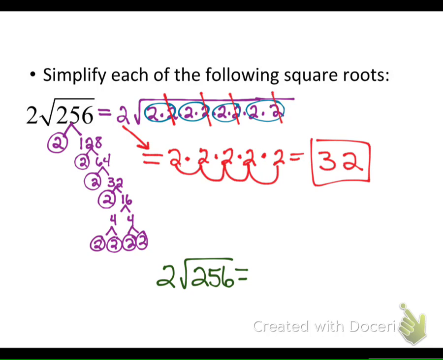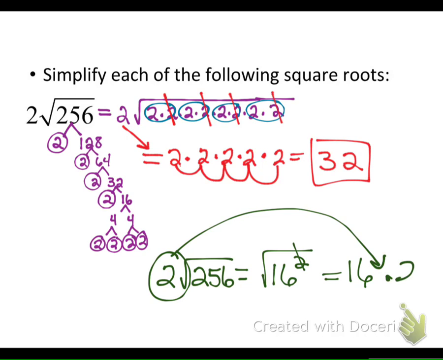No, you're right, say it again. 16. Now remember, 16 squared cancels. So the square root of 256 is 16, but we have to remember this number that's on the outside. So what you could just simply do is bring that over here, multiply it by 2, and we get the same answer. So there's 2 ways to solve this problem.